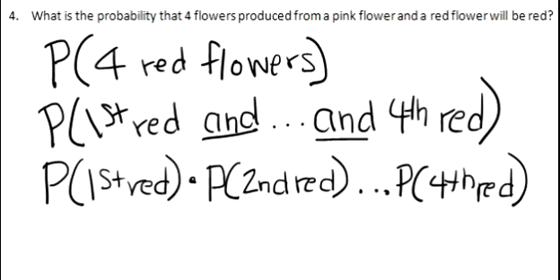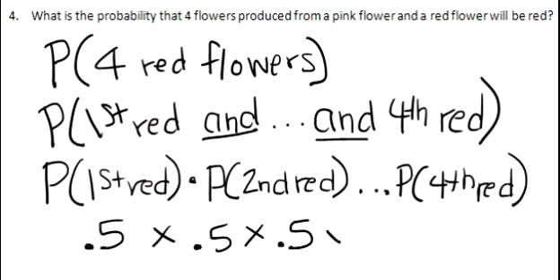Now, since they are independent events, and they're identical, comparing the problem to part 3 that we did, the probability that the first one is red will be 0.5. And multiply, the probability that the second one is red will also be 0.5. And the probability the third is red is 0.5.